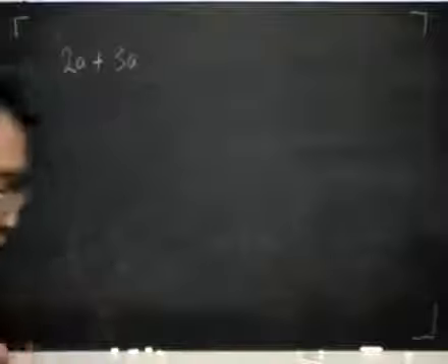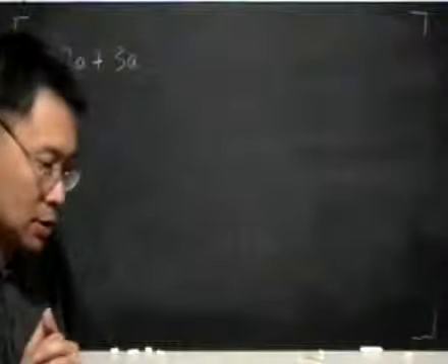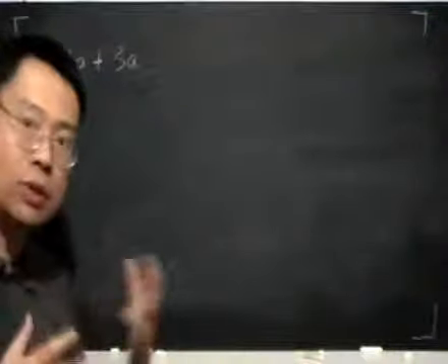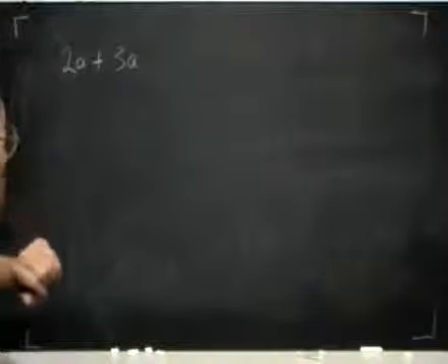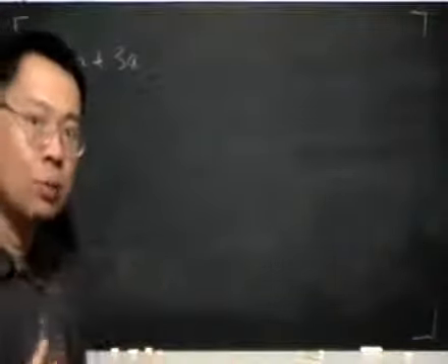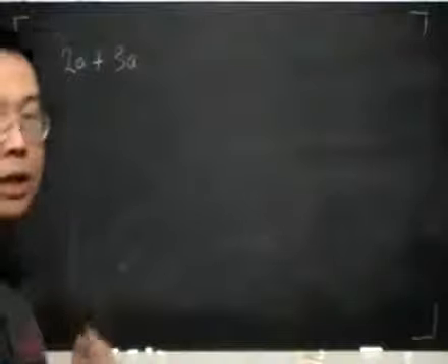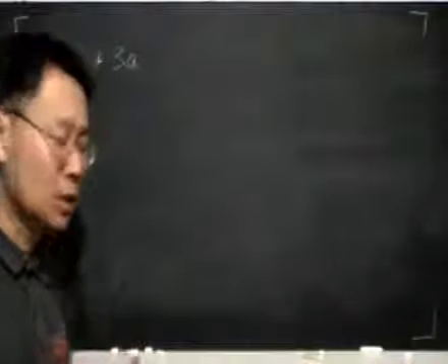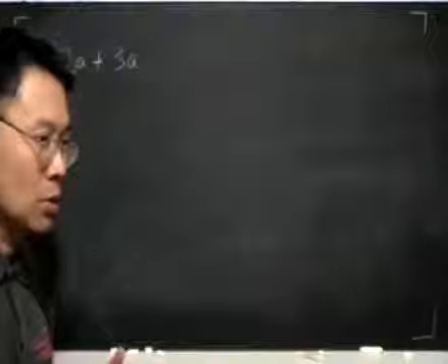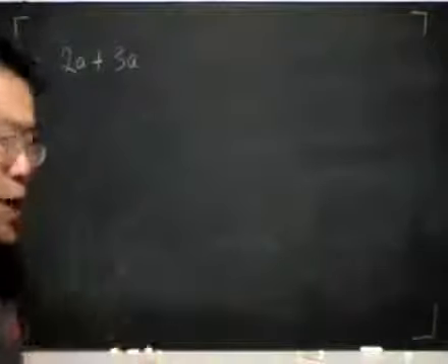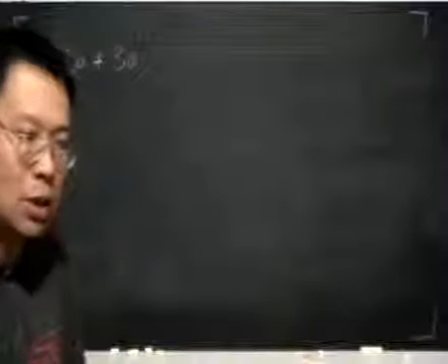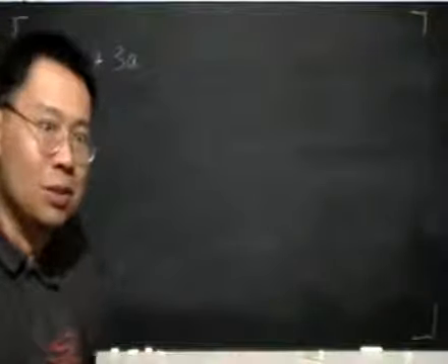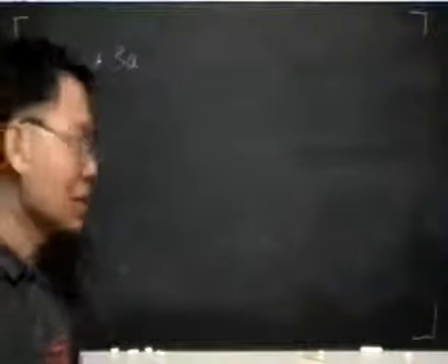If you think of it in a simple way, we might think of 2a like 2 apples and 3a like 3 apples. If you think of 2 apples plus 3 apples, can you simplify that?